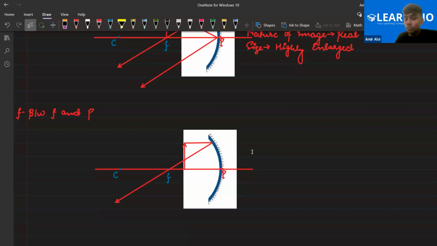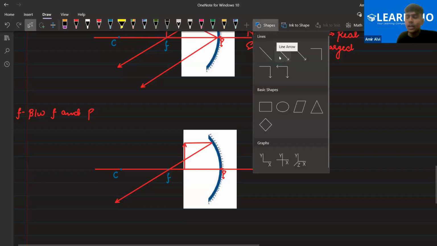If the object is between C and F, the image should be formed beyond C. It could be at different places, but it should be beyond C and enlarged. The actual identity of the image should be maintained. That's why I'm drawing with so much precision. Some asymmetry will remain because I'm not using a ruler, I'm drawing randomly. I could have drawn it roughly, but accuracy doesn't come and visualization doesn't happen well. Umair, Ritvika and Rayan, clear?